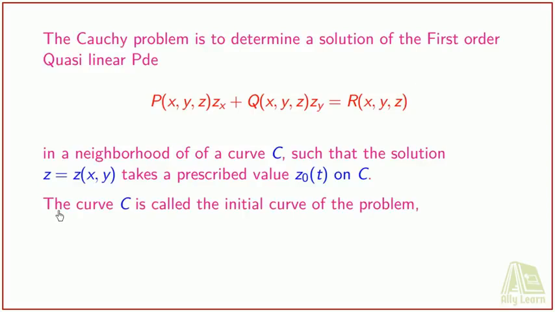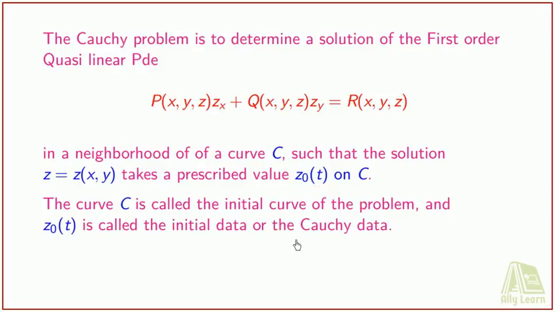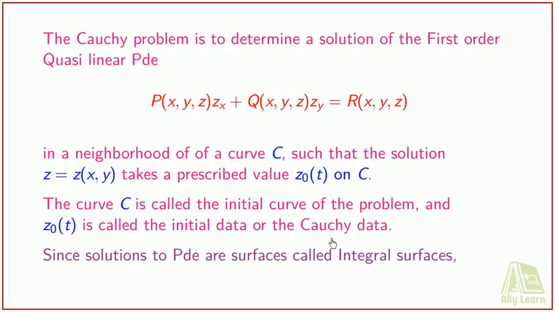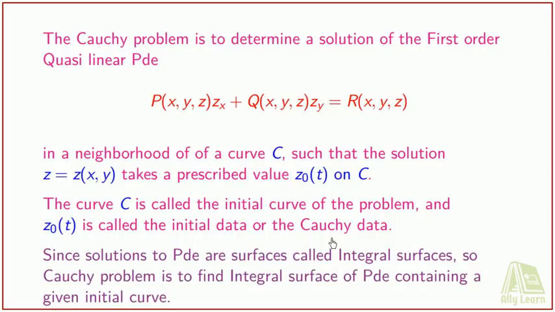And this curve C will be called the initial curve of the problem, and this value z0 will be called the initial data or the Cauchy data. And since in the previous lectures we have seen that solutions to PDEs are surfaces called integral surfaces, the Cauchy problem is to find integral surfaces of the PDE containing a given initial curve.